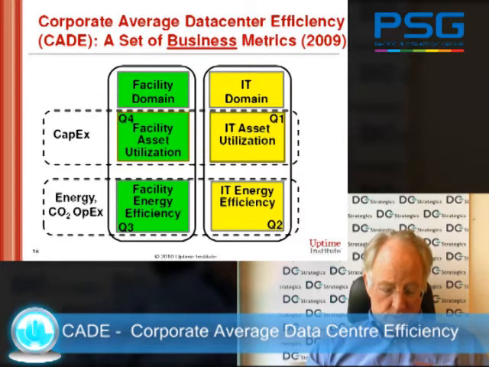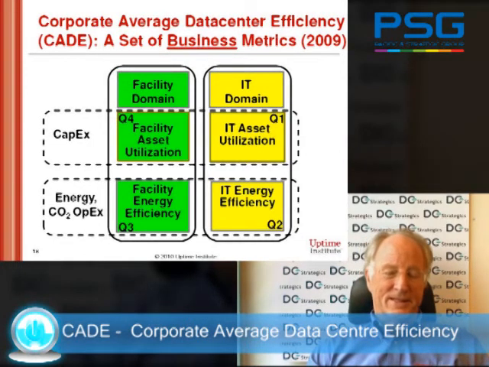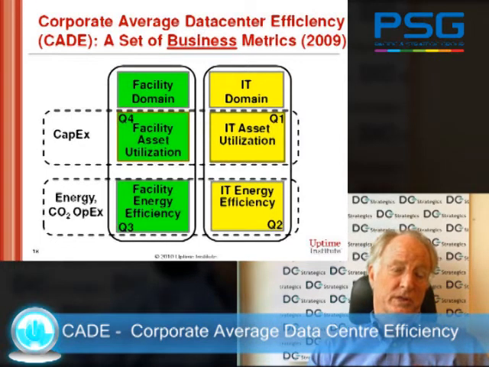So let's now look at the other side, called the energy side, or the OpEx side. On the IT side, the energy part is how efficient is the hardware that they bought. The single biggest thing that's inefficient in the IT equipment are the power supplies. They can be significantly more efficient for spending much more on the power supplies.